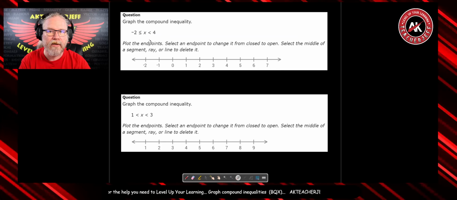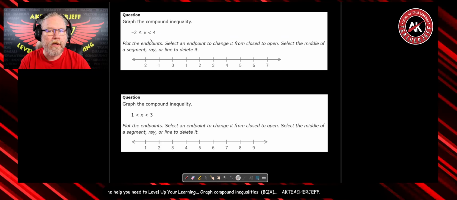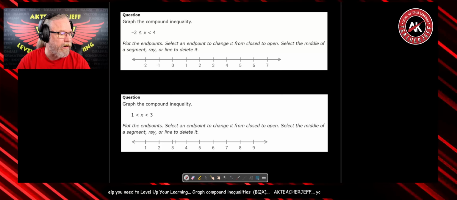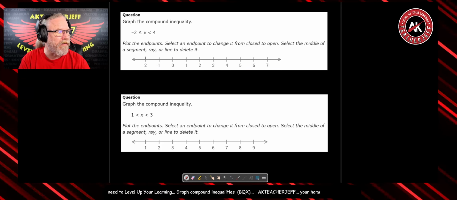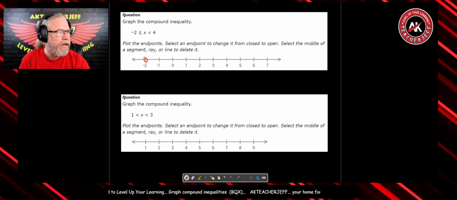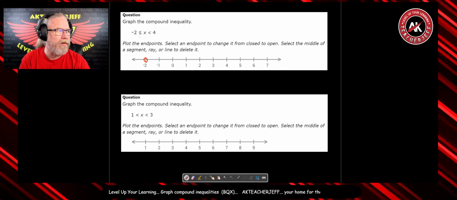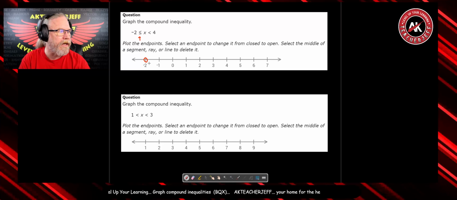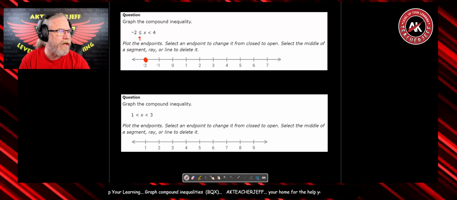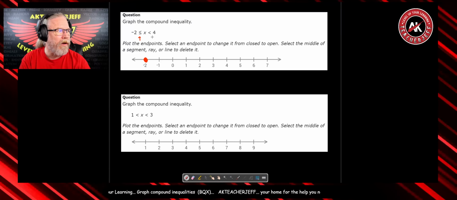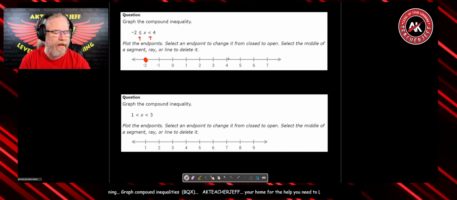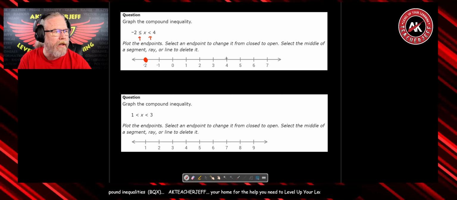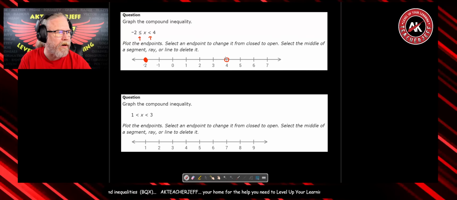The next thing we need to determine is open dots or closed dots. So let's go ahead and get our pen here. First one's going to be -2, so we're going to find that, put our dot here. And should it be an open dot or closed dot? Well, it does include the equality concept, so I want to go ahead and fill that in with a closed dot. Over here for the other sign, I have 4, so let's find that. And it's right here, so I'll go ahead and mark that in.